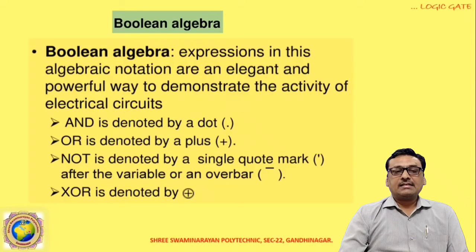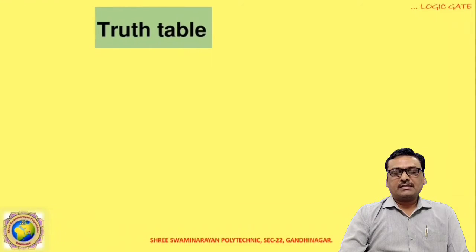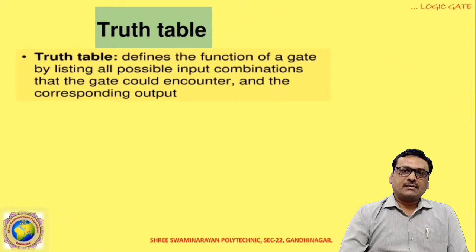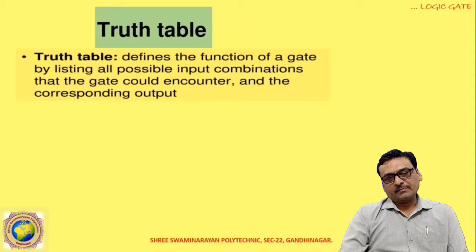Then second is the truth table. The truth table depends on the number of inputs. A truth table defines the function of a gate by listing all possible input combinations that could be encountered and the corresponding output.